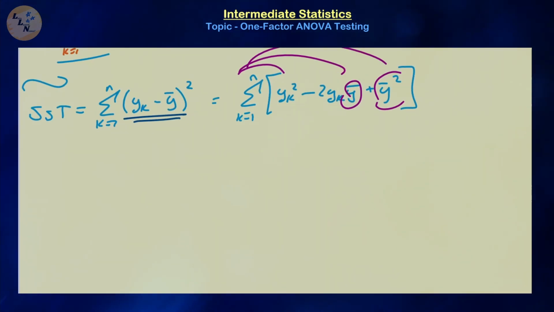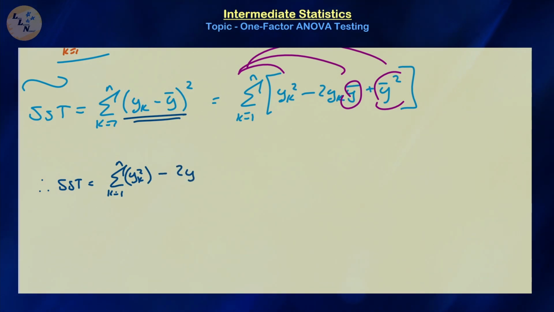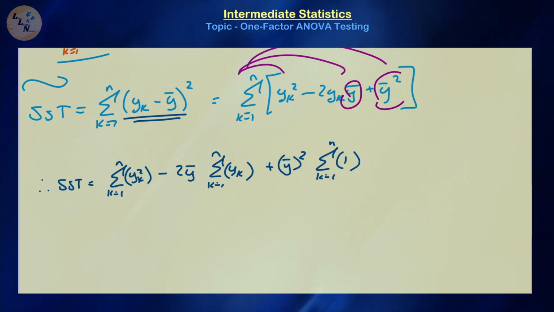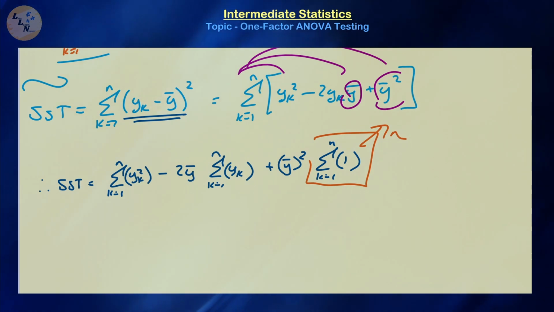That means we're going to have the relationship SST is equal to the sum from k equals 1 to n of yk squared, minus 2 y bar times the sum from k equals 1 to n of yk, and then plus y bar, the quantity squared, times the sum from k equals 1 to n of 1, right? Remember that that is just equal to n.